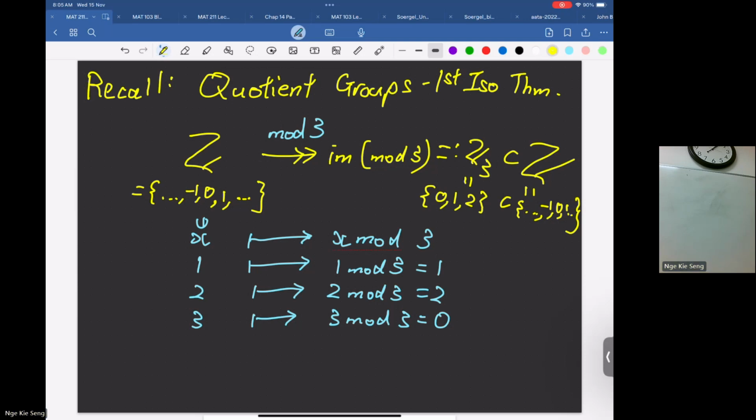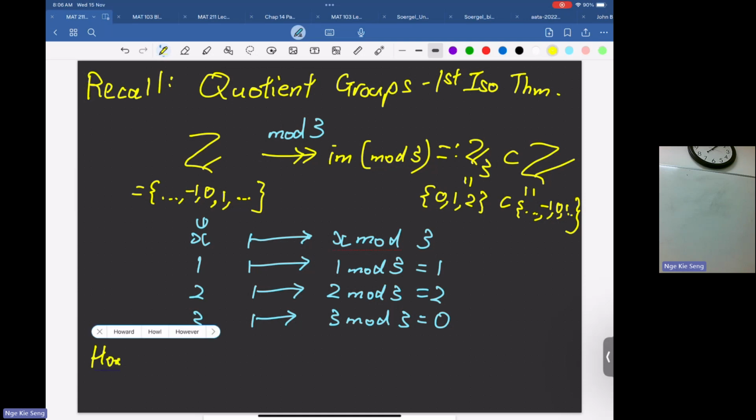But you said this is not injective, right? That means the kernel is not the trivial subgroup. First of all, you should check that this mod 3 is a homomorphism. Is this a homomorphism or not?